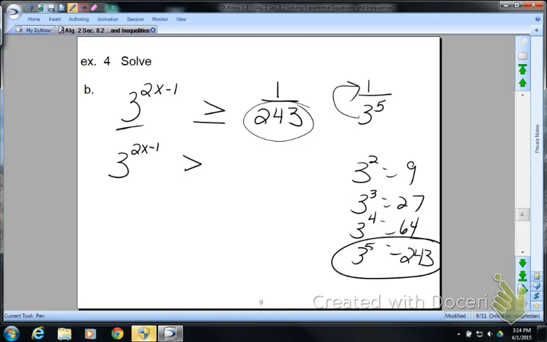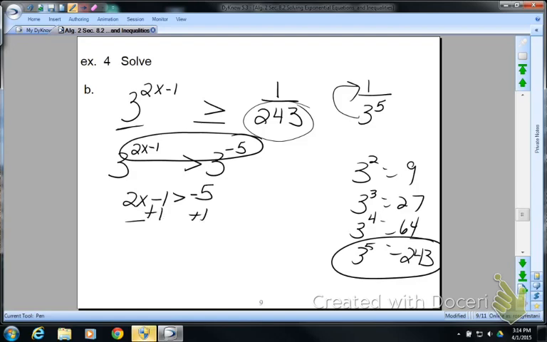Well, it's going backwards. If it's on the bottom, then that must mean it was a negative to where we moved it to the bottom, so we're going to go backwards. So it's going to be 3 to the negative 5th power. And then we take our exponent, so that's 2x minus 1 is greater than negative 5.